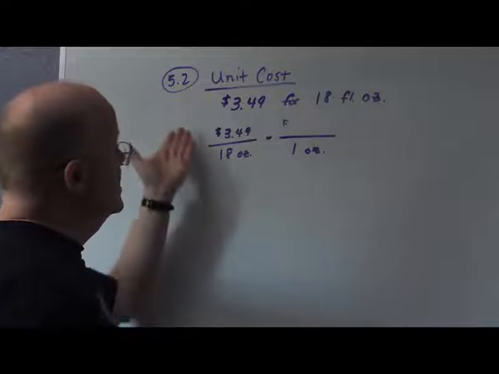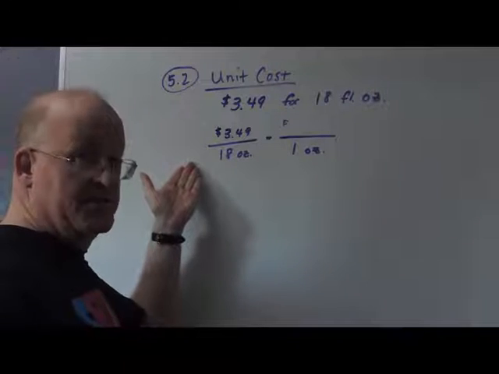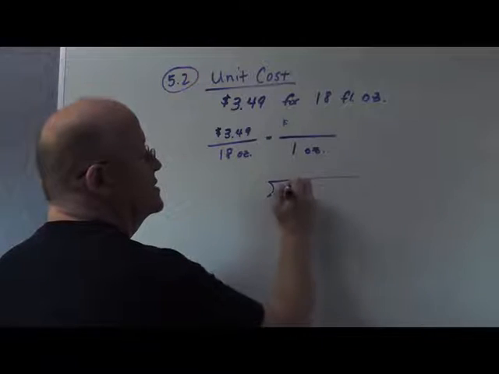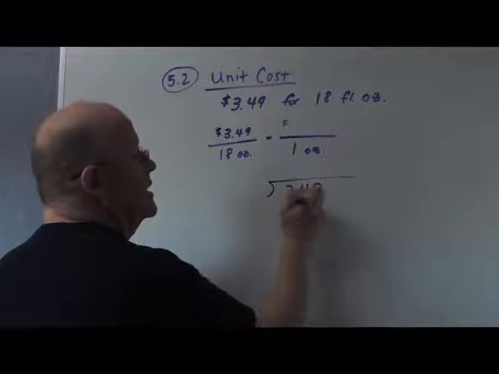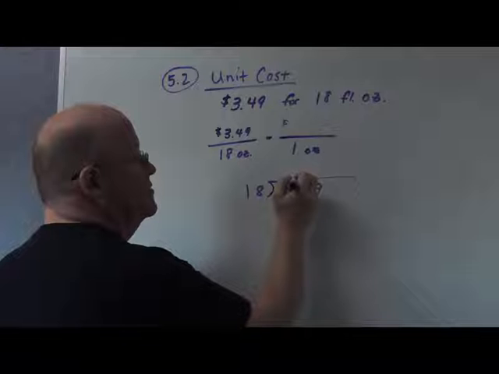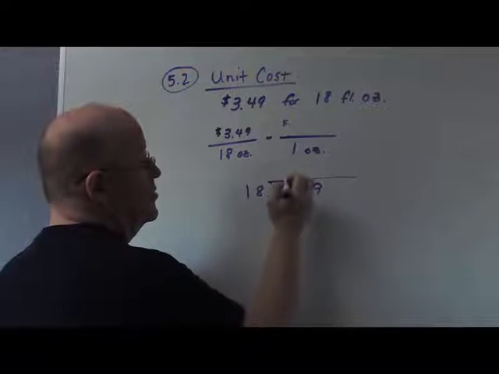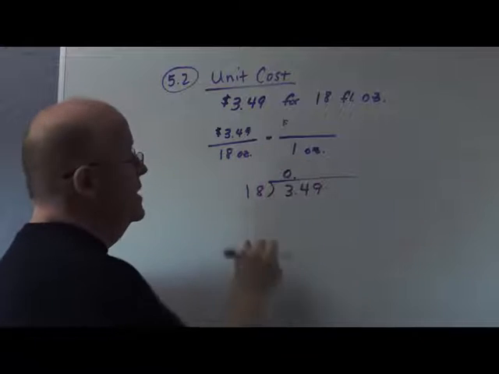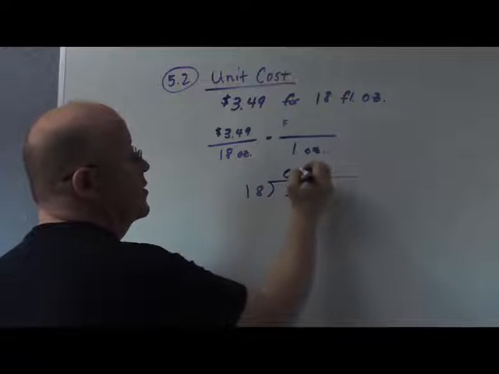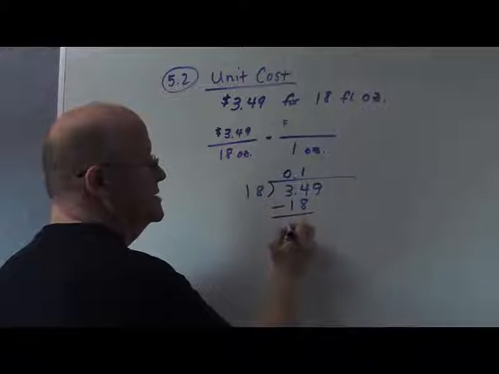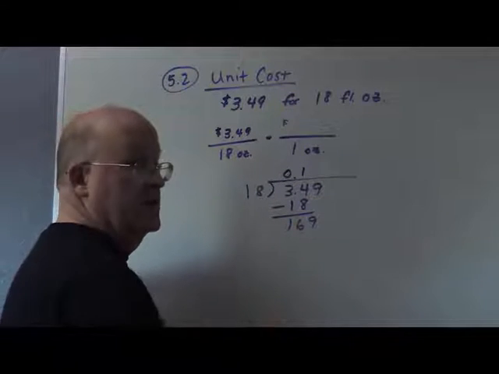So basically, I need to do some division. I need to divide $3.49 by 18, and I'm going to move my decimal up above there. 18 does not go into 3, so I'll put a 0. 18 goes into 34 one time, making 18, and I can subtract and get 16 and bring down a 9.